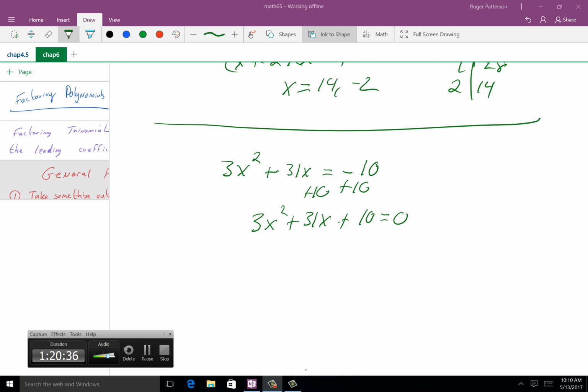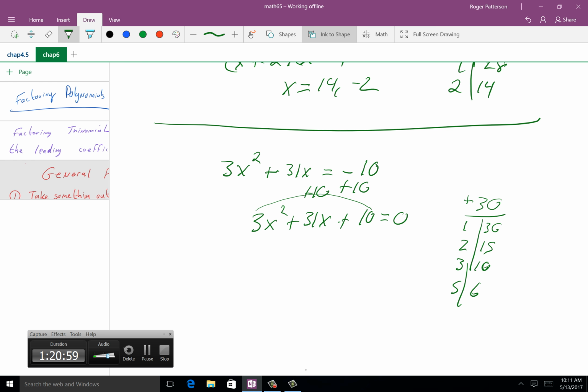What can we take out of the first one? 3x. That gives us x plus 10. And what about the other one? Ooh, jumped the gun a little bit there. What can we take out of that? 1. x plus 10 equals 0.